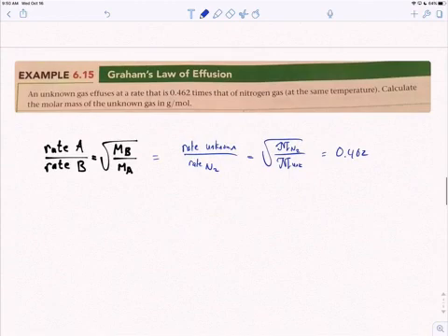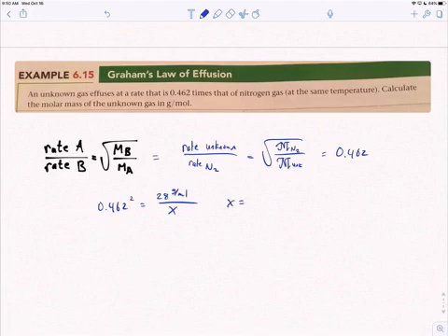So how do we solve this? We square both sides. 0.462 squared is equal to the molecular weight of nitrogen, which is 28 grams per mole, all over, I'll just call it X. I like X as my unknown.